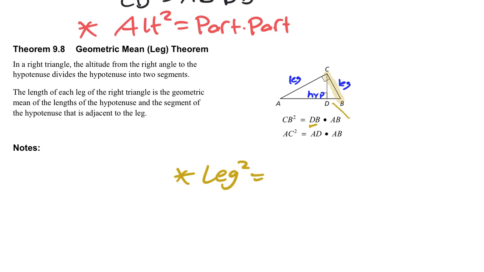DB right here is a part of the hypotenuse that actually is adjacent to the leg. So I'll put part here, times AB. If you look, AB is the entire hypotenuse, the whole part of the hypotenuse. So this would be the other equation: your leg squared equals part times whole. So let's apply this on the next page.